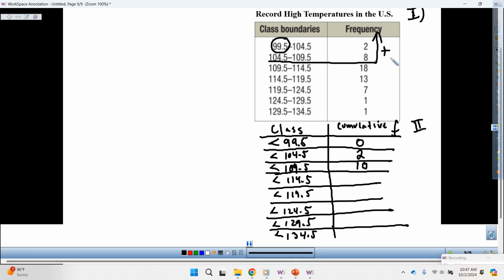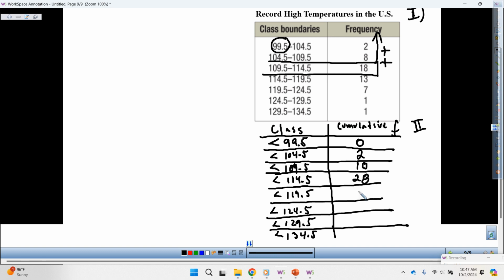Add everything below that. So tell your neighbor what number goes for the next class, less than 114.5. What do I write there? 28. That is correct because we go like this and add all of them together. That's why it's called what? What is the key word? Cumulative.